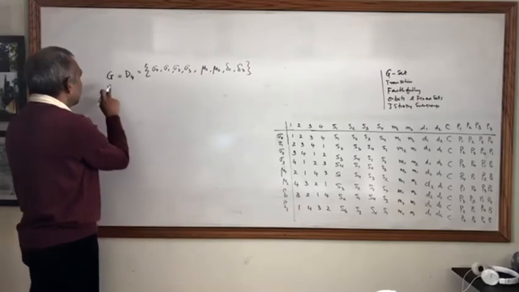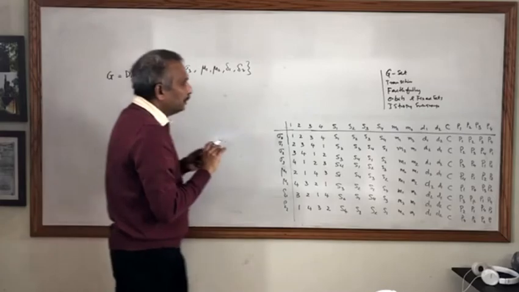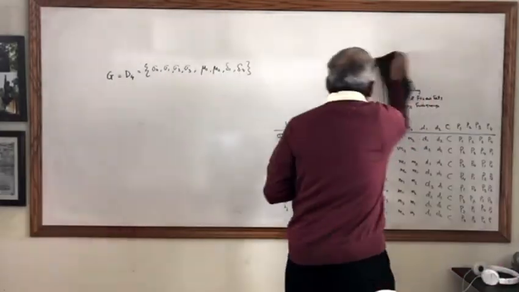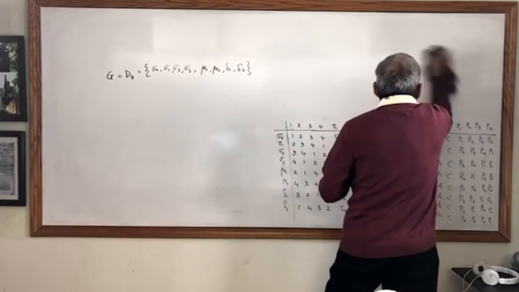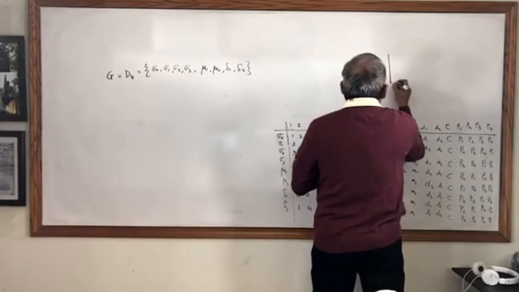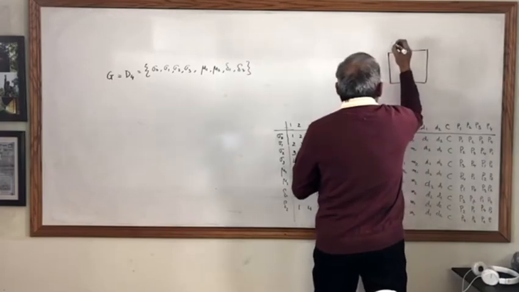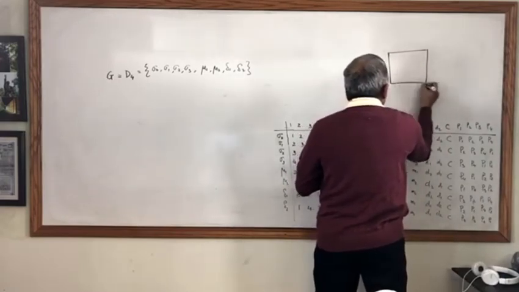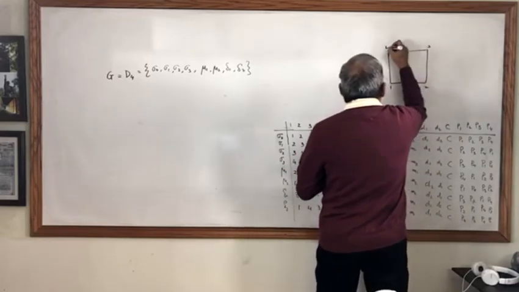So we need a set. That set is, I'm going to write it here, the parts of a square. So vertices are numbered as 1, 2, 3, 4.